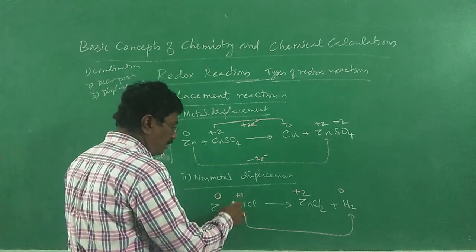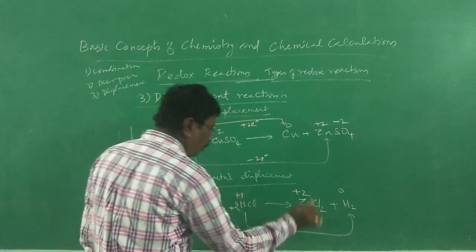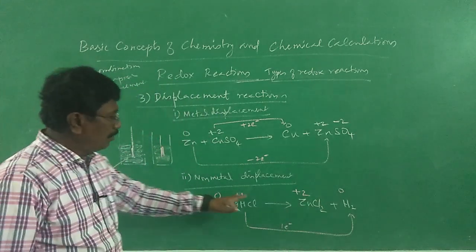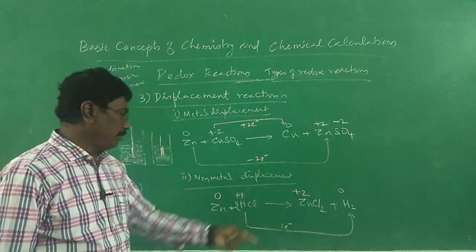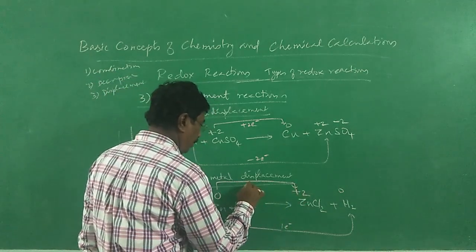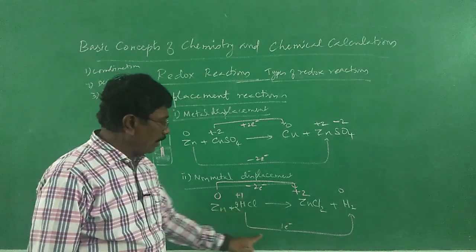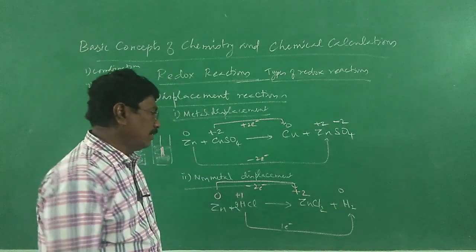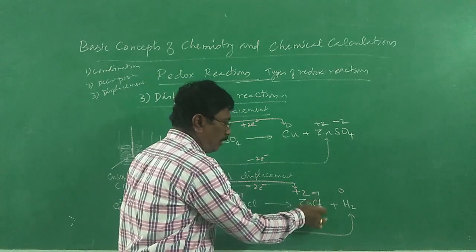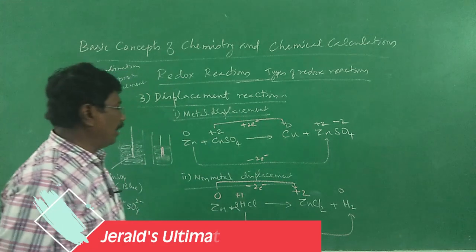It gains 1 electron to become 0 oxidation state. +1 plus -1, electron is -1. Zinc loses 2 electrons to become +2. Here we have 2 hydrogen. Each hydrogen gains 1 electron to become H2. Since chlorine is -1, 2 into -1 is -2, so zinc should be +2. That you may be knowing.